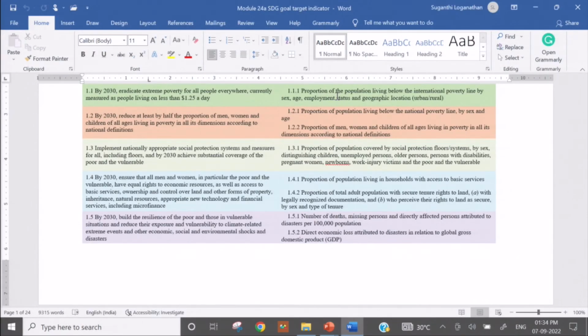If it is tier 2, then the methodology has been stated, but data may not be available for all the countries. The SDG group has come up with the methodology, the equations and the measures to calculate, to find out the amount of data available.